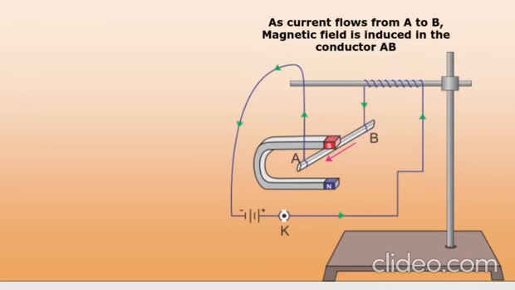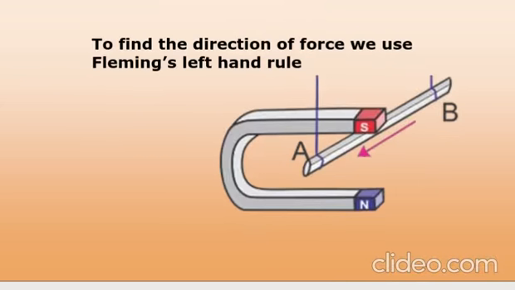Say current is flowing in this rod AB, from A to B, and I have placed a magnet also near it. What will happen now? To find the direction of force, we use Fleming's left hand rule, the FLH rule.